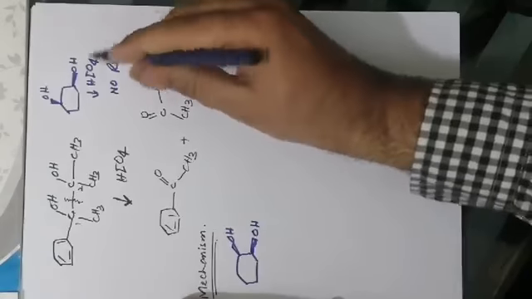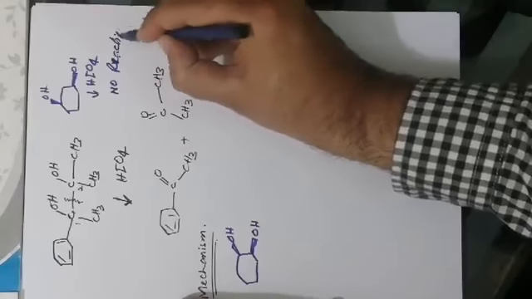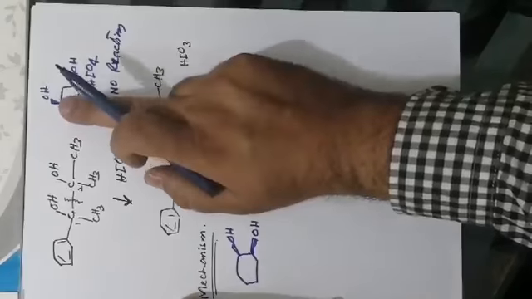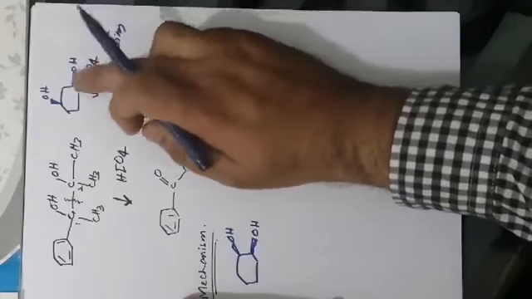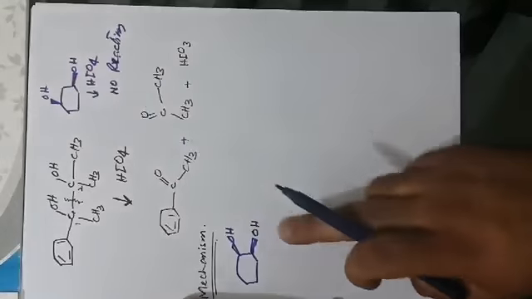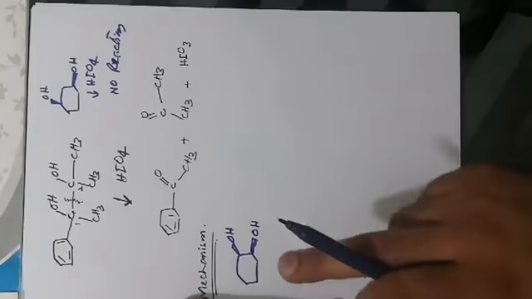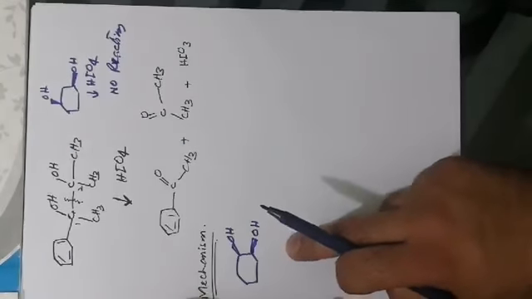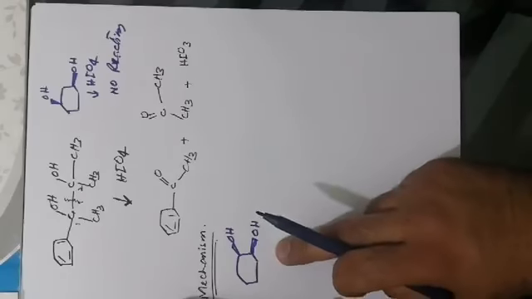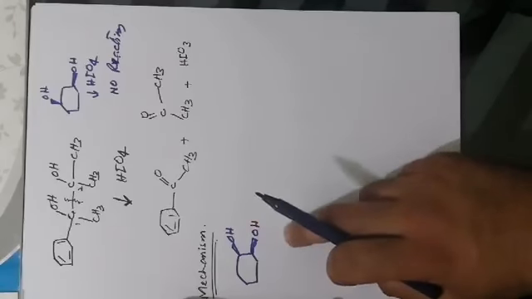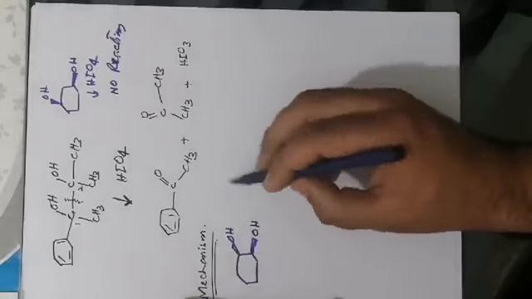Why? Because the two hydroxyl groups were not in the vicinal position. They were not on adjacent carbons. So this is the preliminary requisite of this reaction, that the compound should be a diol. The two hydroxyl groups should be on vicinal carbon atoms.